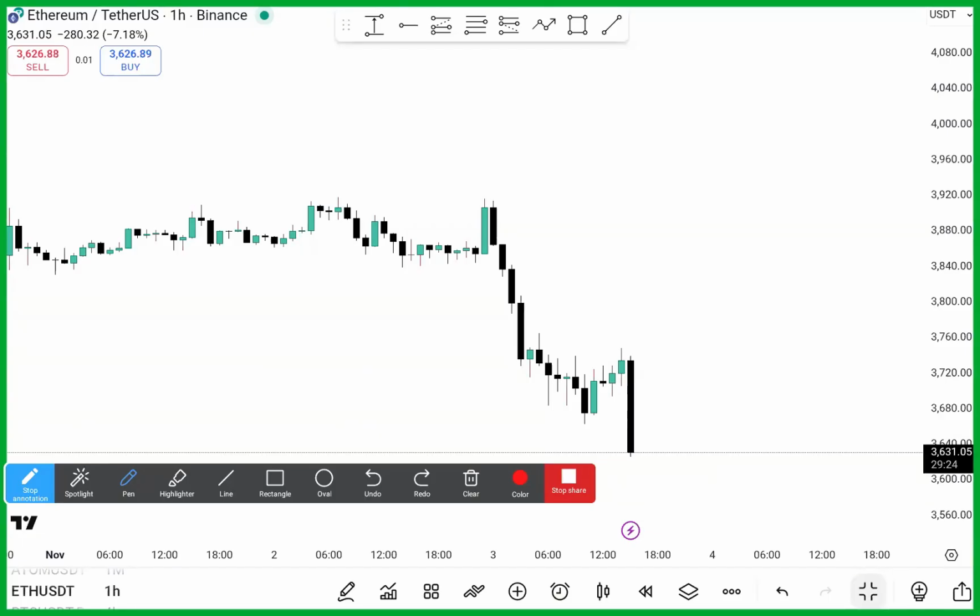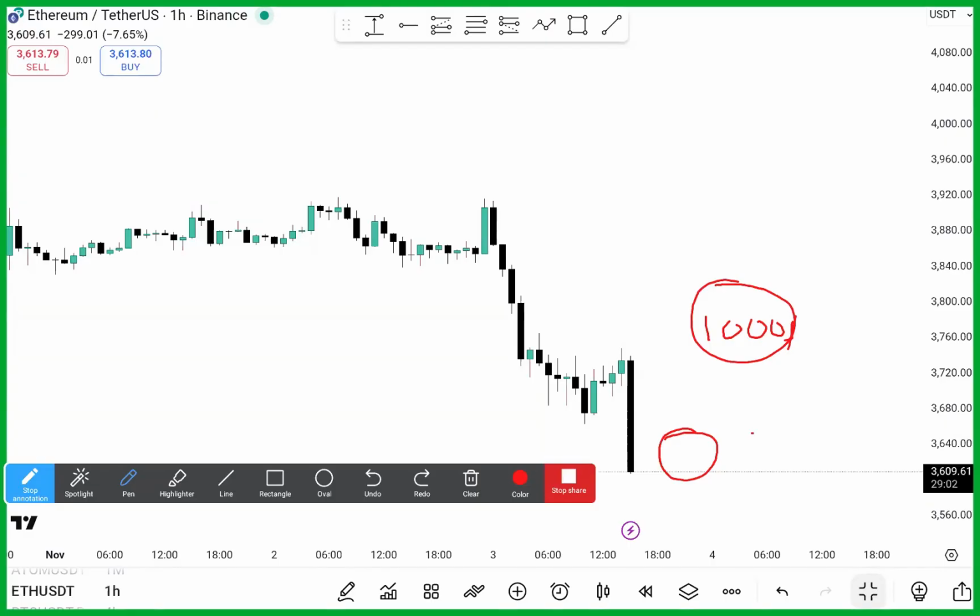Just imagine if I am a trader and I open one trade, and it is giving me $1,000. Then there is another trader who opened many trades, and every trade is $10, $10, $10.